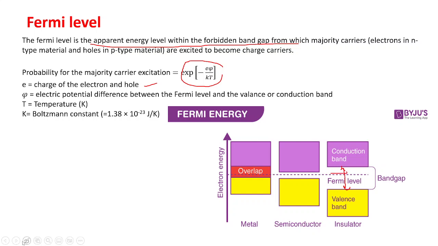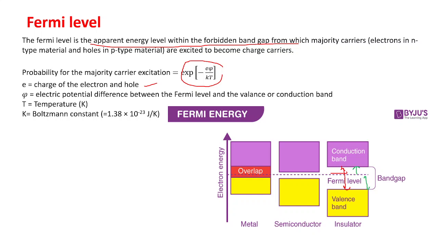Between this Fermi level, I will highlight it with green, and the valence band, or the conduction band. The Fermi level is somewhere in between. So psi will be the electrical potential difference between the Fermi level and the conduction band, or between the Fermi level and the valence band.